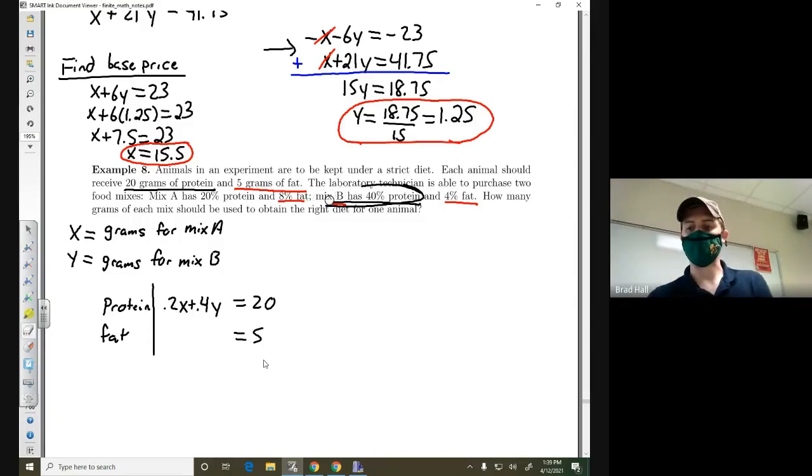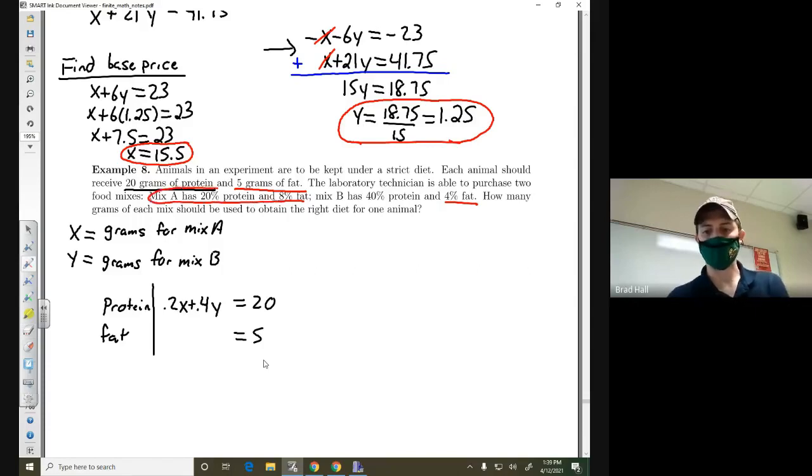So notice I'm keeping all the protein values consistent. I'm going to do something very similar for the percentages of fat. So mix A has 8% fat, which is 0.08. And then mix B has 4% fat, which is 0.04.